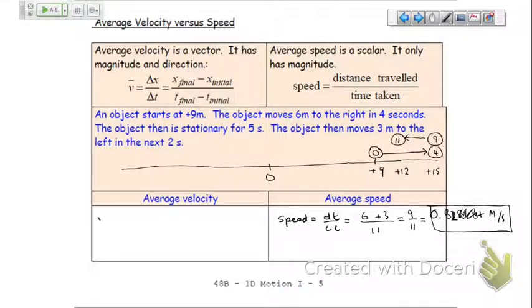Average velocity. Average velocity equals my displacement over my time taken, which equals my x final minus my x initial over my t final minus my t initial.